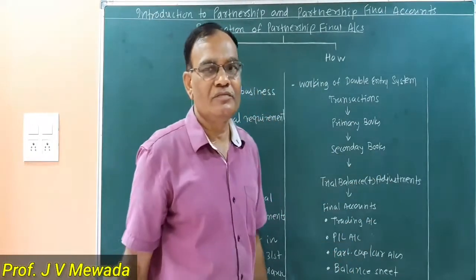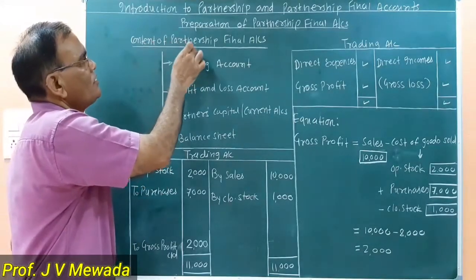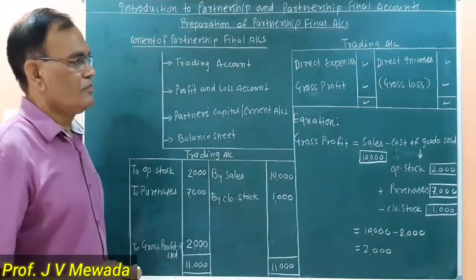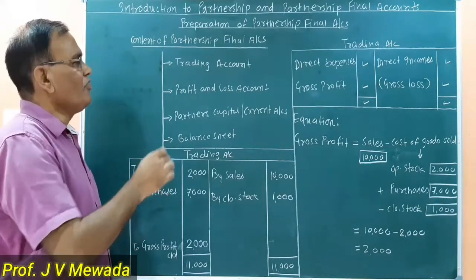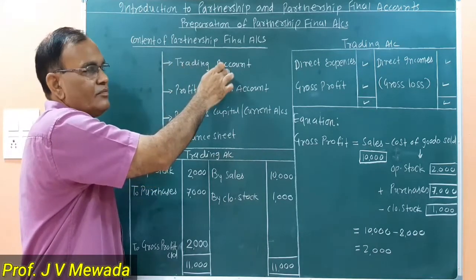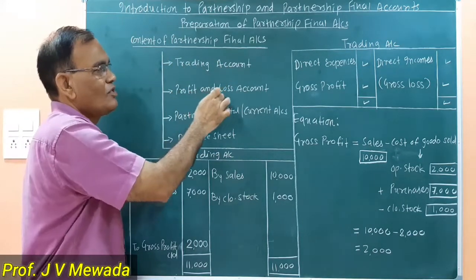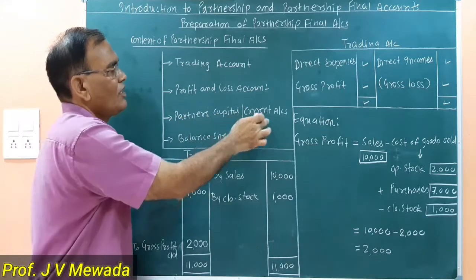Okay. Now our next heading is contents of partnership final accounts. Which are the contents of partnership final accounts? We are preparing three accounts. One is the trading account, another is the profit and loss account, and the third is the partners' capital or current accounts.